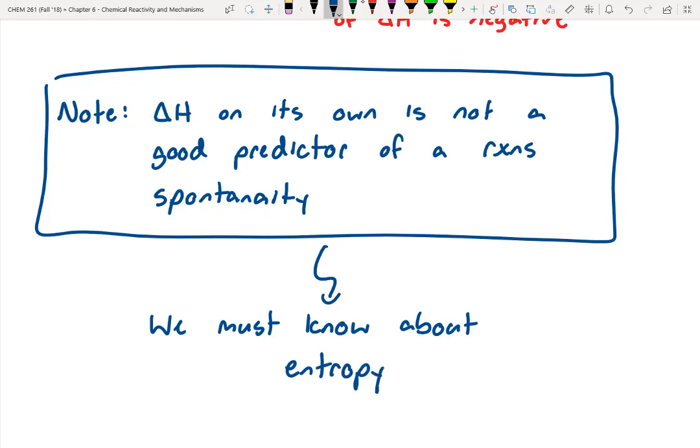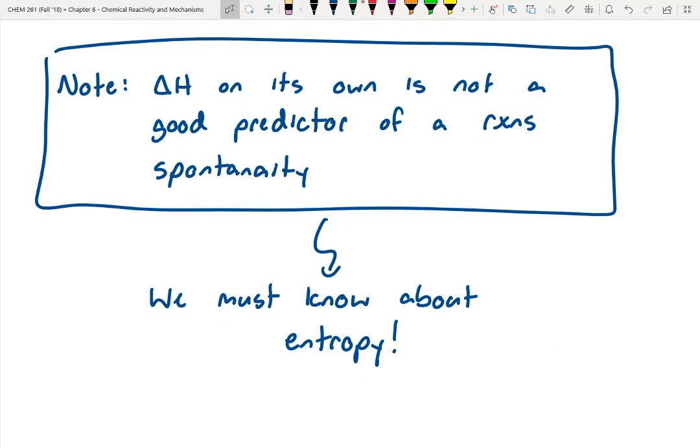Does anybody remember what entropy is? It's a measure of disorder in the system, right? So we need to know about whether or not during the reaction your reagents are getting more disordered or less disordered. That is also very important for knowing what's going on. So let's review entropy a little bit.